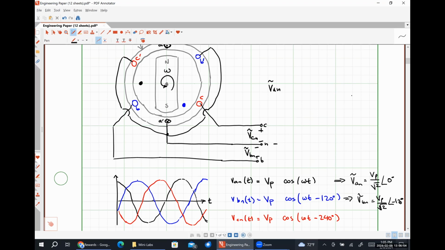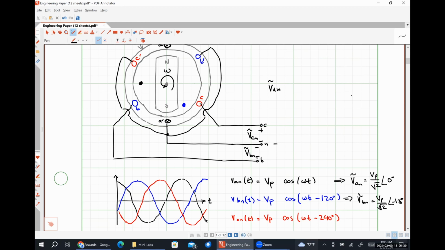So instead of going A, B, C, it's typically called a CBA phase sequence. And it literally just means that now, instead of the B phase lagging the A phase by 120 degrees, the B phase would lead the A phase by 120 degrees. There is literally no other difference between a positive phase sequence and a negative phase sequence system. It's just the direction that you spin the rotor.